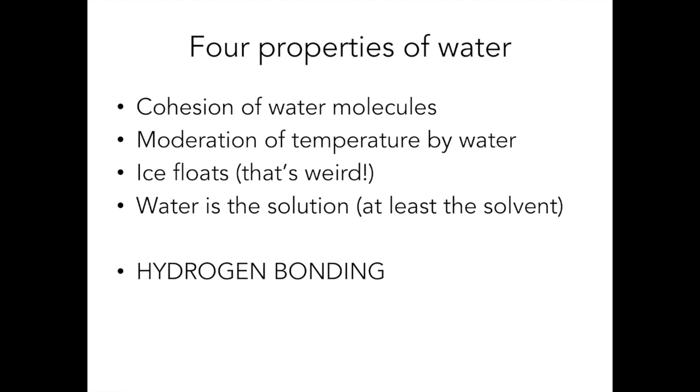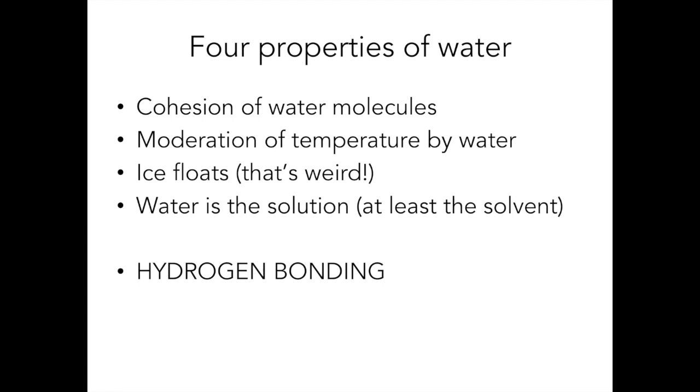So 4 main properties of water that are conducive for life are enumerated here. So water molecules cohere to each other. They stick together. And that means that water is good at moderating temperature, so you don't have dramatic temperature swings in living organisms.